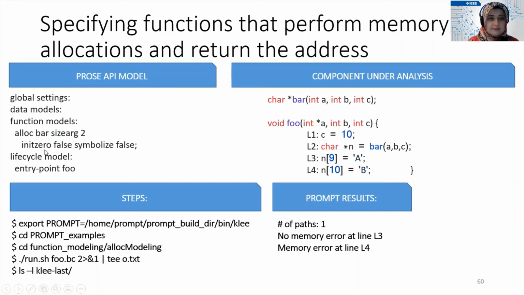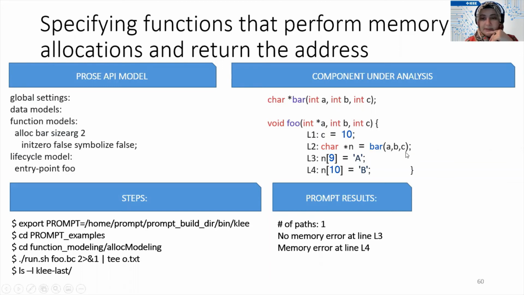We can specify such functions with the alloc keyword, with the size argument telling us which argument represents the size value. We can even tell whether we want to initialize the memory to 0 or symbolize it. In this example, we call bar, and the third argument's value is 10.